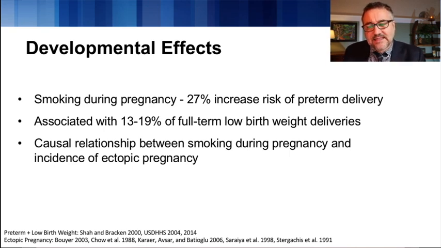We get about a 27% increase in preterm delivery comparing smokers to non-smokers, associated with 13 and 19% low birth weight deliveries, and then also ectopic pregnancy. So a lot of different changes.